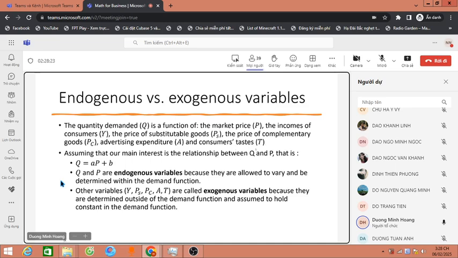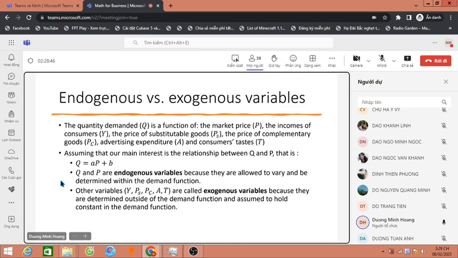Other things is consumer taste. For example, consumers would not want to eat ice cream during cold weather. So during cold weather, the quantity of ice cream demanded is lower compared to hot weather.